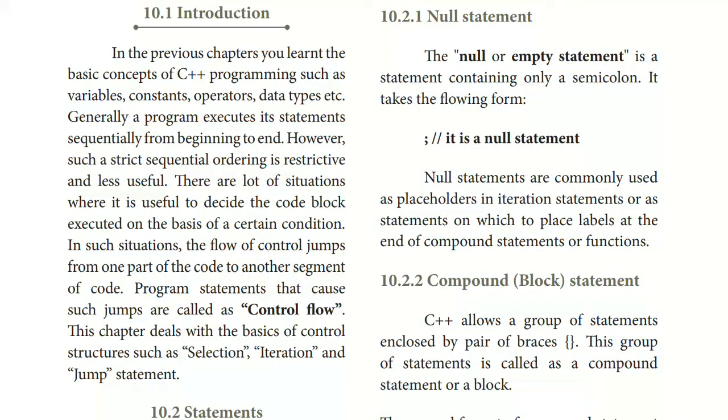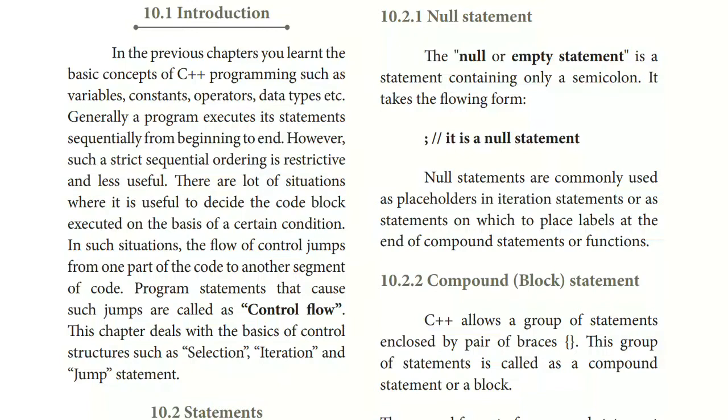There are a lot of situations where it is useful to decide the code block execution based on certain condition. In such a situation, the flow of control jumps from one part of code to another segment of code. Programming statements that cause such a jump are called control flow.